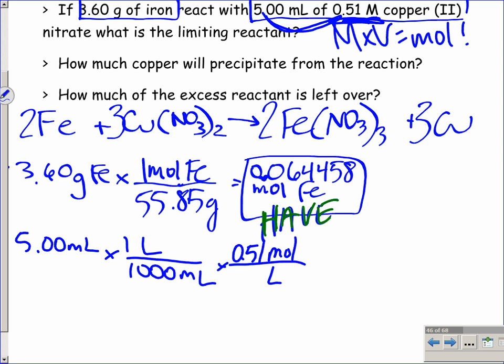Moles of what? Copper 2 nitrate, right? Cu(NO3)2. Okay, all that mess just to get to moles, but I'm showing you again how molarity is working. So the milliliters of solution cancel with the liters of solution, and we're stuck with moles. Calculate. 102.